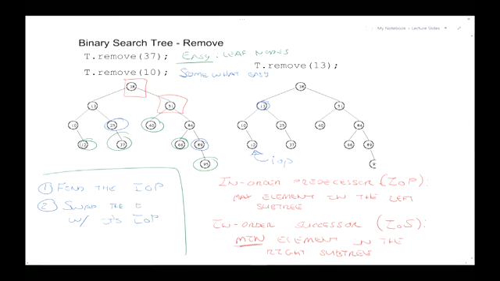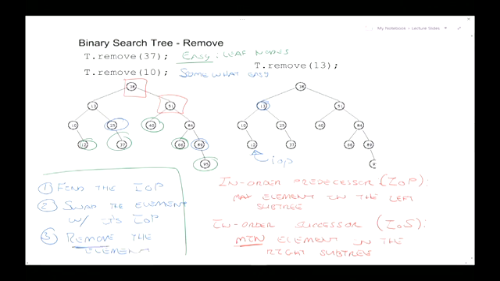Swap the element. So we do a swap, and then what's always the last thing we do when we're moving data? Delete it. And I'm going to actually say, remove the element.